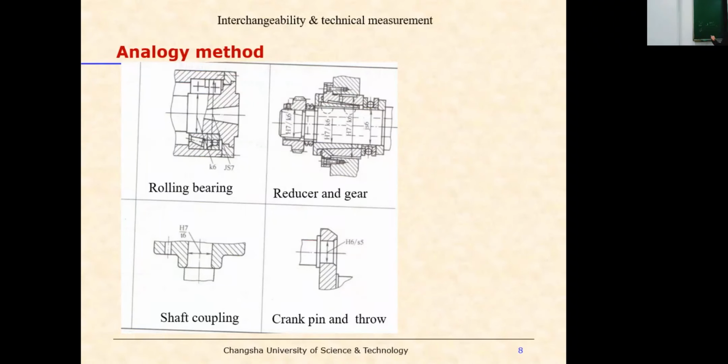You can calculate the length of this one, and you know the transition or interference, right?